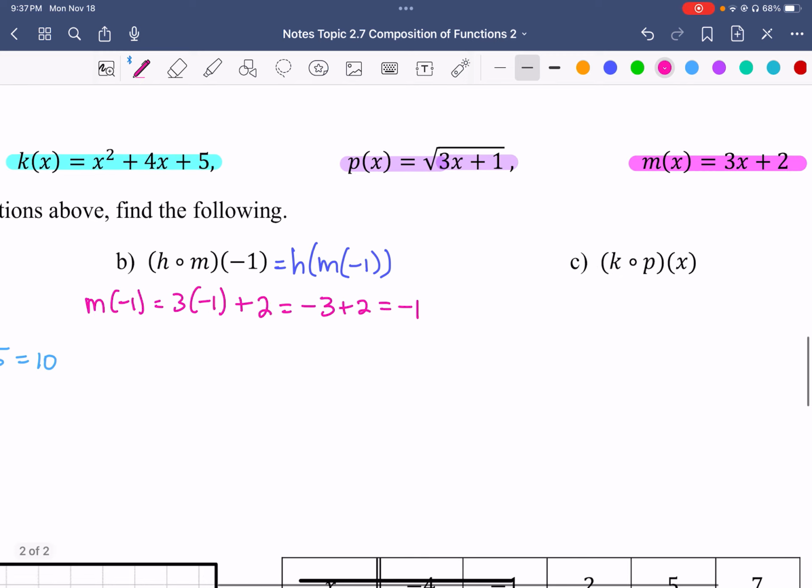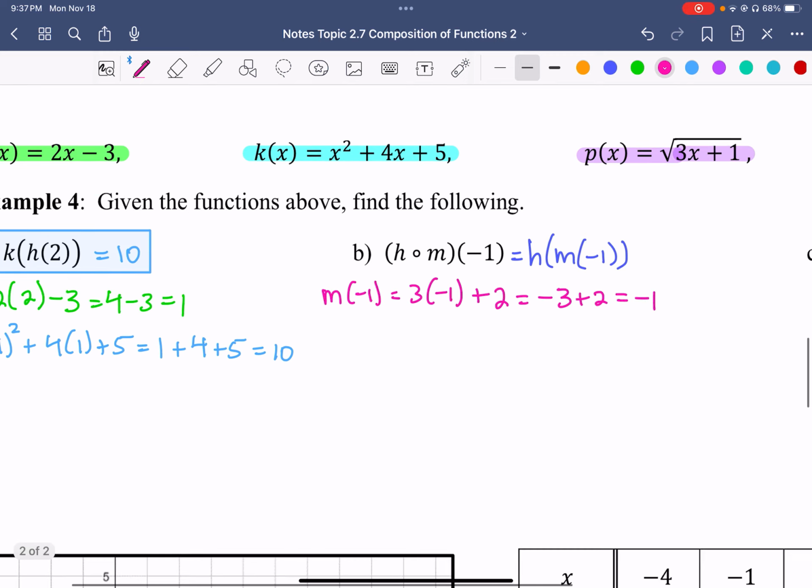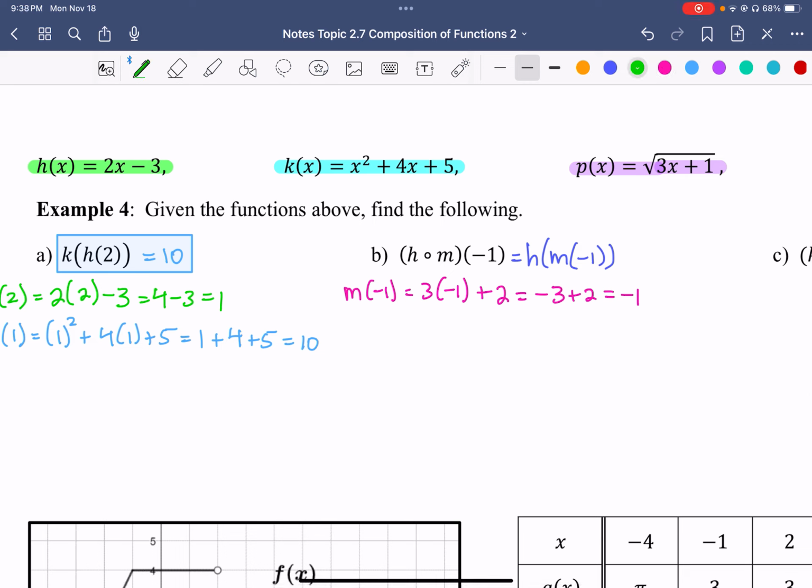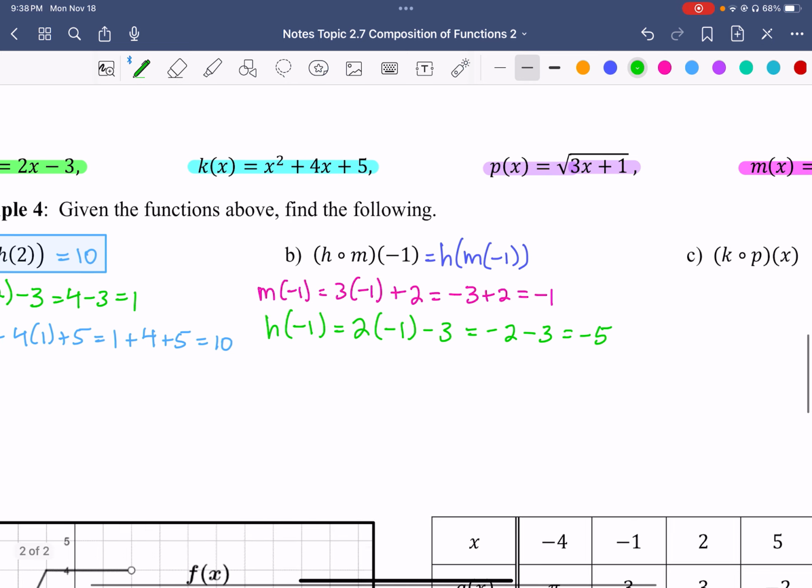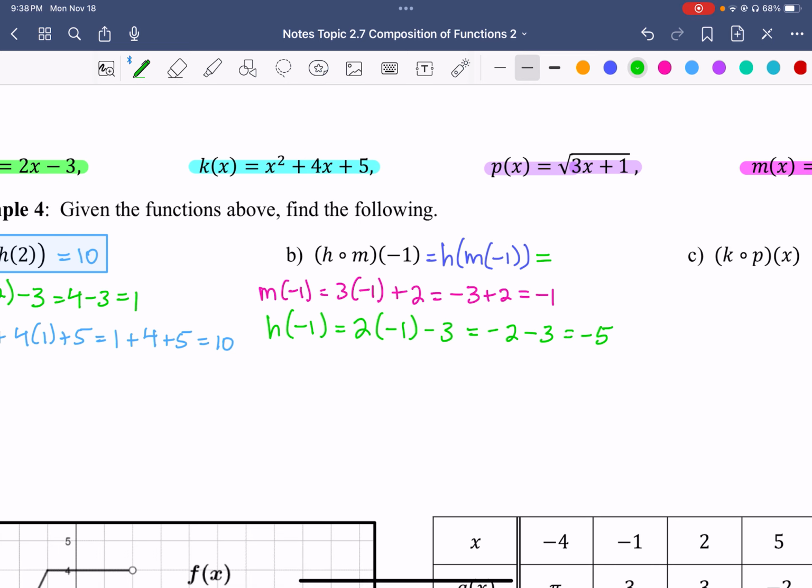That m, I'm going to plug it into h. So we're going to have h of negative 1, which is 2 times negative 1 minus 3, which is negative 2 minus 3, which is negative 5. Okay, so h of m of negative 1 is negative 5.